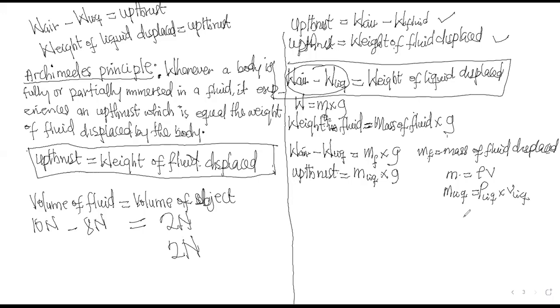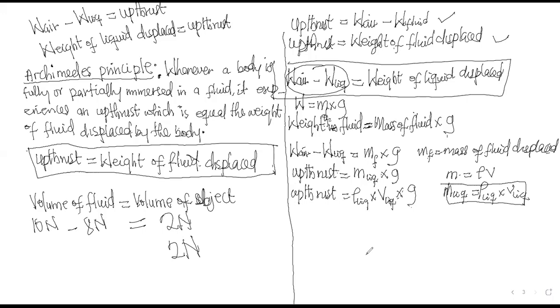So when we substitute this for mass of liquid displaced, we have upthrust equal to density of the liquid displaced times volume of the liquid displaced times gravity.